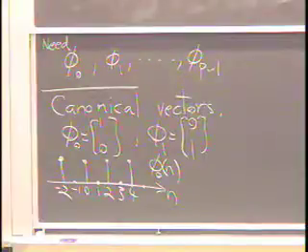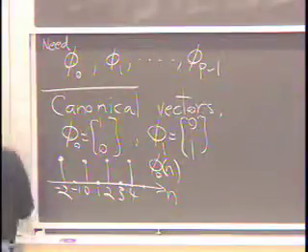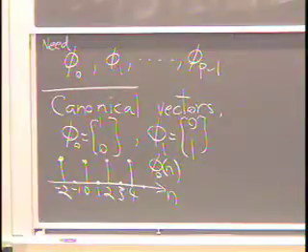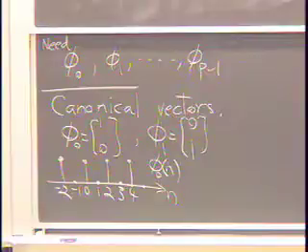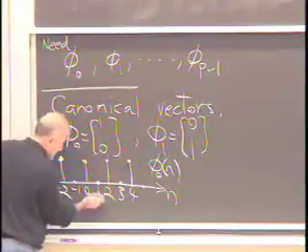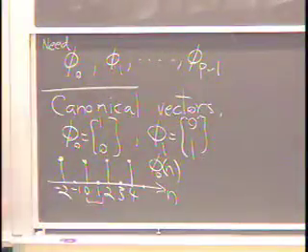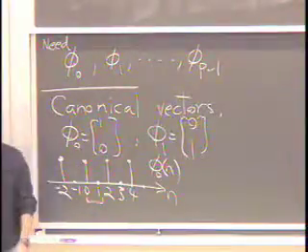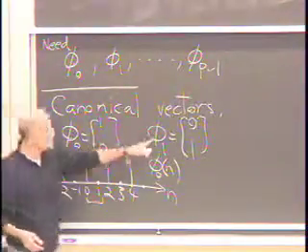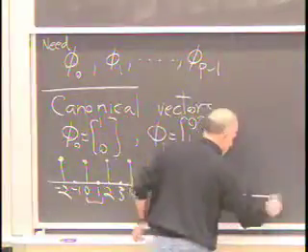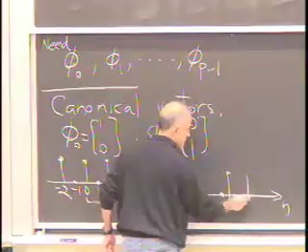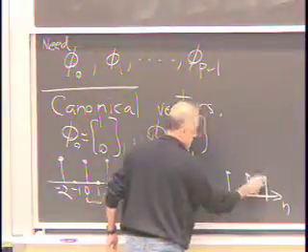Okay? And so in the same way that I picked one period of the signal x and stacked up its values as a vector, I can do the same thing with phi 0. So I pick this one period, and stack up its values and create a vector. And I do the same thing with phi1. So phi1 would be 0, 1, 0, 1, 0, 1.